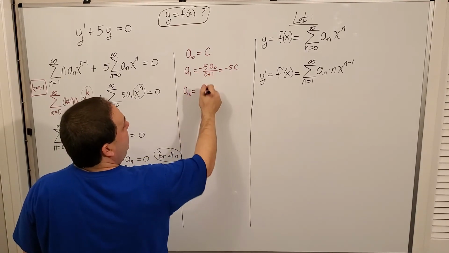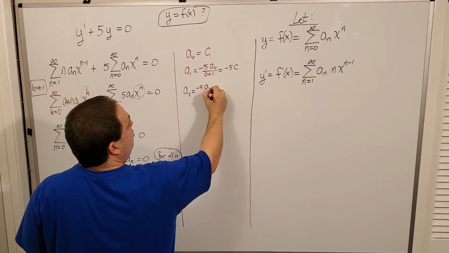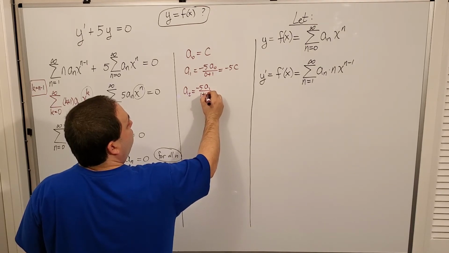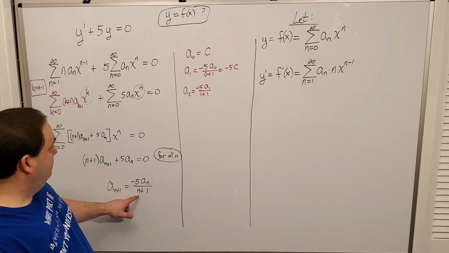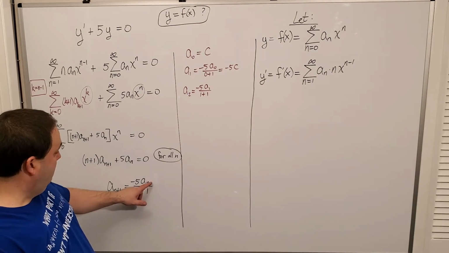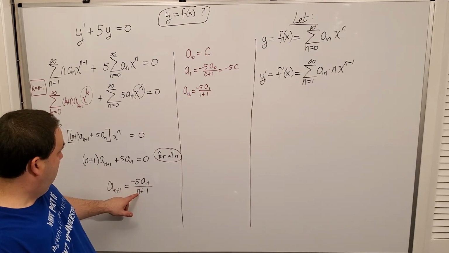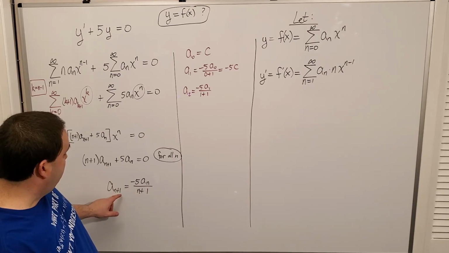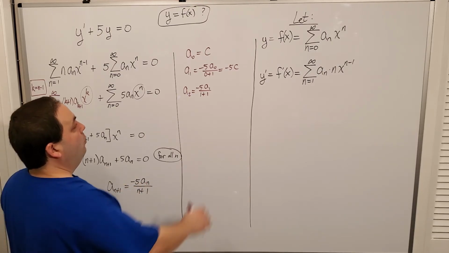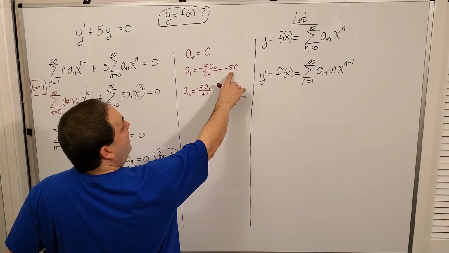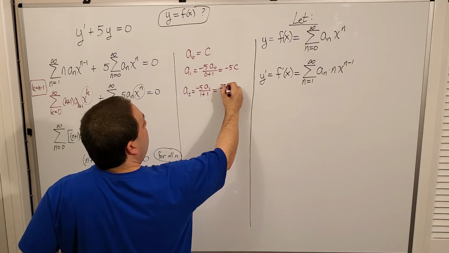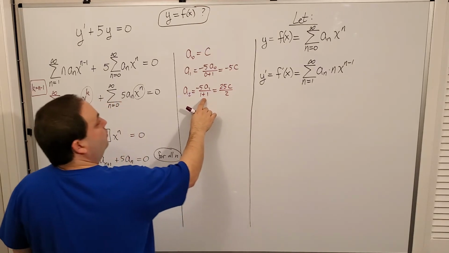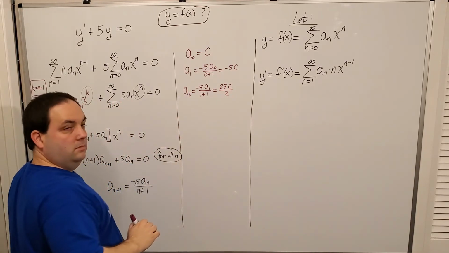Well, it would be negative 5 times A1 over 1 plus 1, right? With me on that? So A2, the next one, is based off of A1. Well, A1 is negative 5C. Times negative 5 gives me 25C, and then it's over 2. Okay?